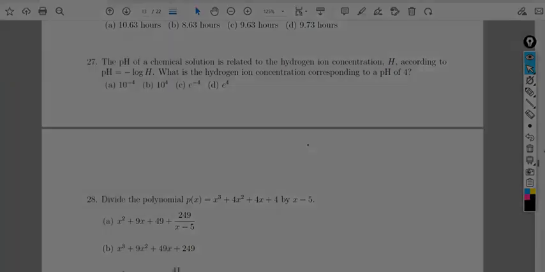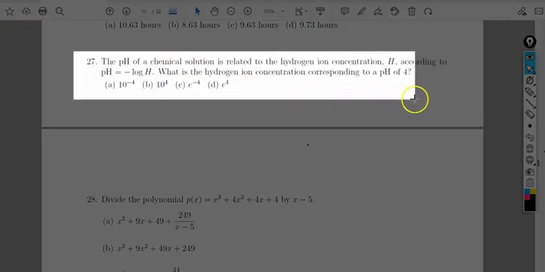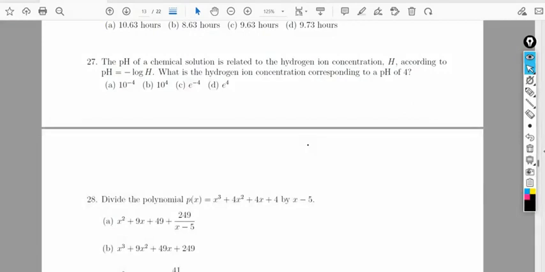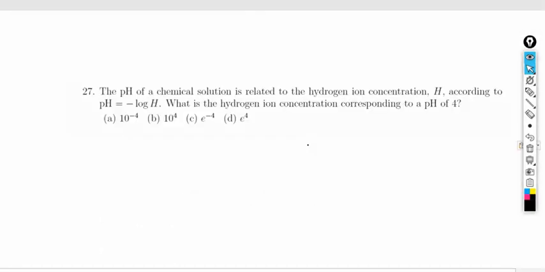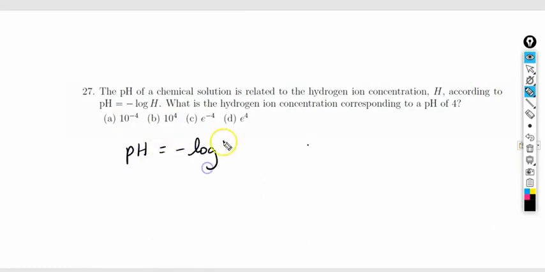Okay, let's come to this one. This is just a logarithm problem. So we have an equation. Now we're used to seeing logarithm equations where the log is out the front. So let's swap sides.